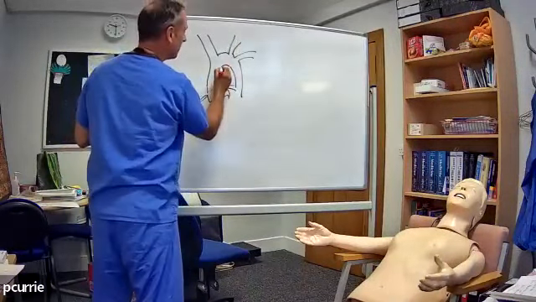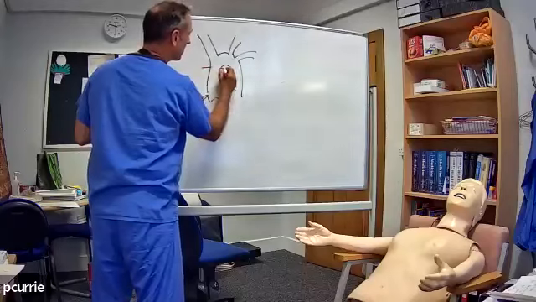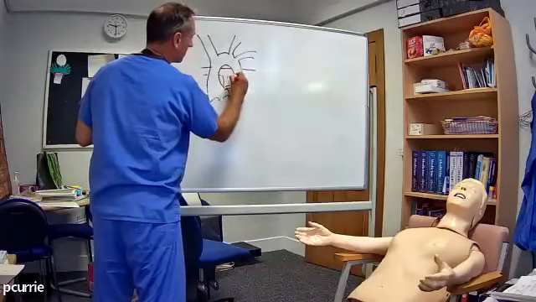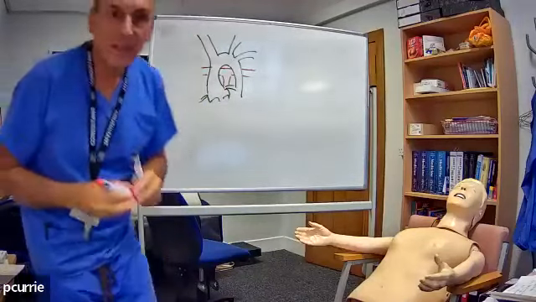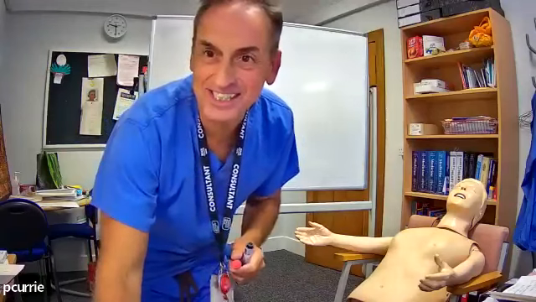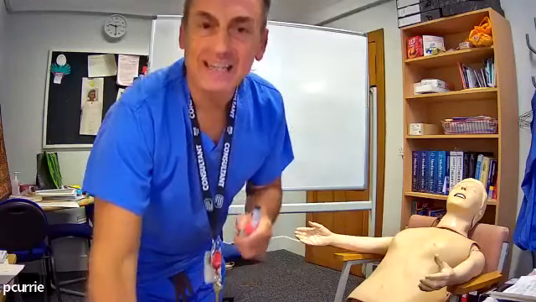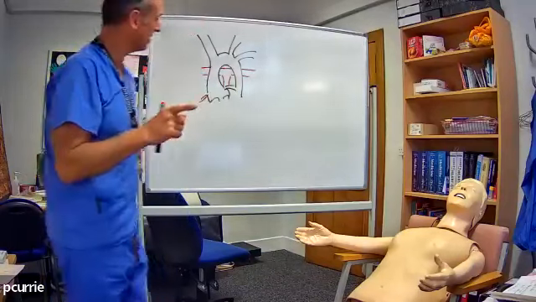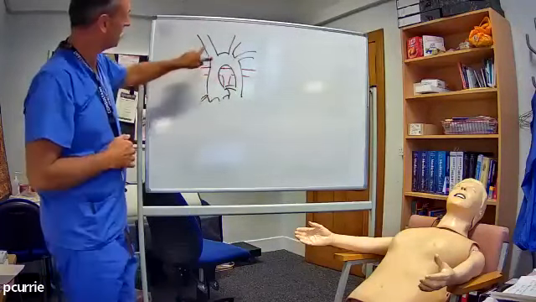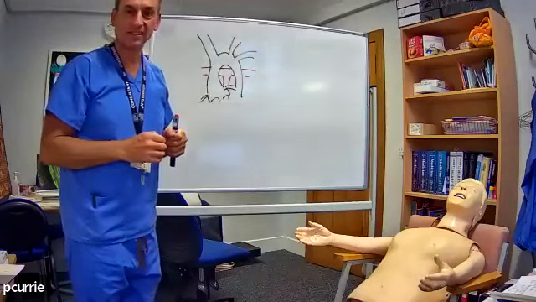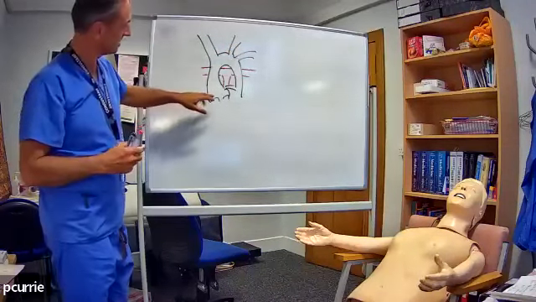What these blood vessels here I've drawn are? Anyone putting their hands up? Coarctation of the aorta? That's what I'm just about to explain, the coarctation of the aorta. But what are these vessels? Common carotid, aorta and their branches.